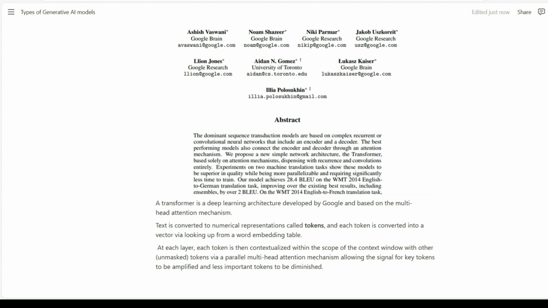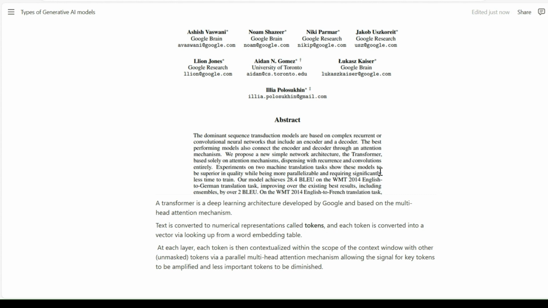So you can understand this is like how computers understand text, like we understand each other's words. This transformer model is like a super smart system. It reads text and turns each word into a number, kind of like a secret code. Then it looks at a group of these coded words at a time, paying more attention to important words and less to others.